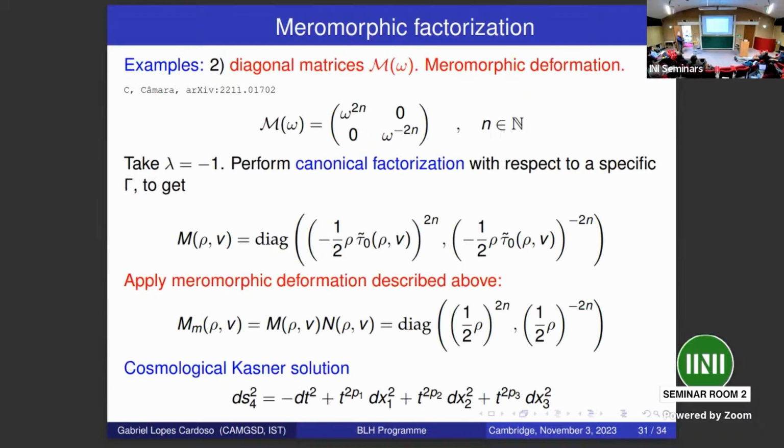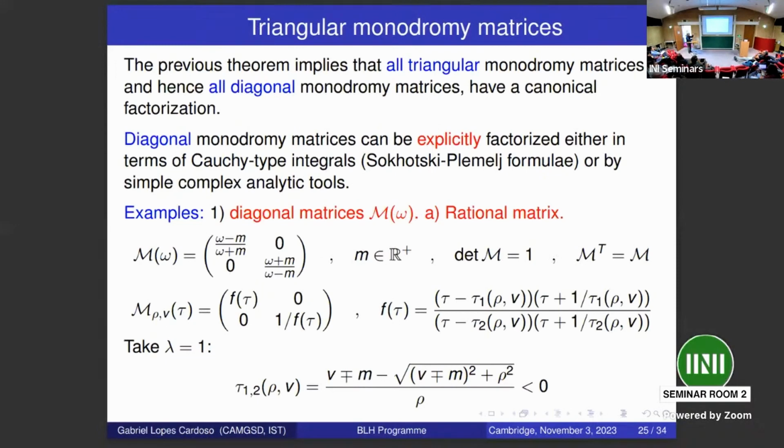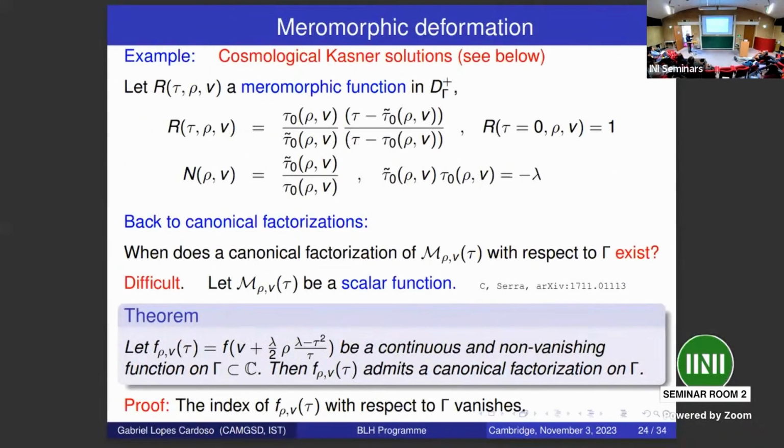It may not mean anything to you. It's what it is. It describes a certain space-time solution. But now remember that we can deform the solutions that we get from canonical factorization by this multiplicative recipe which I had introduced earlier on. So now take the canonical factorization solution I gave you earlier.